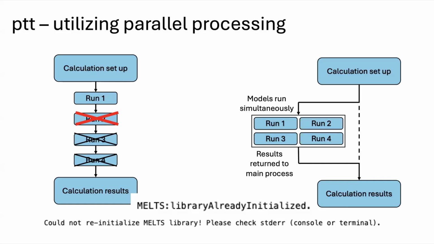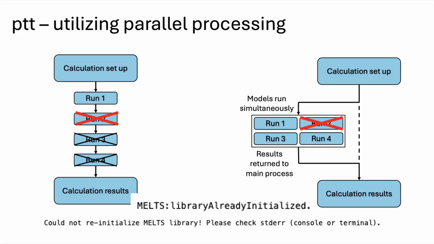This means each calculation is happening in its own isolated process. So if an error occurs in calculation number 2, calculation number 3 and 4 can continue to run uninterrupted, and the results are returned back to that main process where you then continue to do more work or more investigation with that stuff.